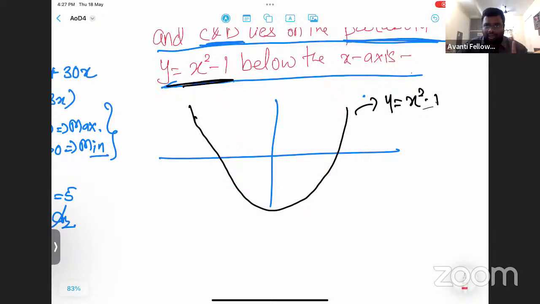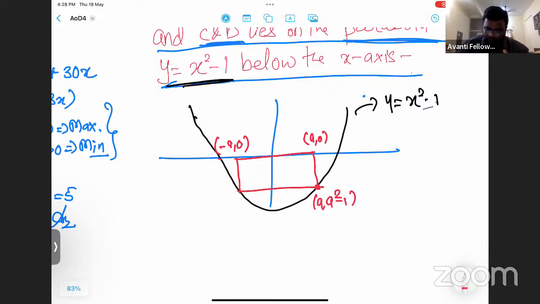Since the vertices are on the x-axis, the rectangle will be somewhat like this. If this is the point A comma 0, this will be minus A comma 0. Symmetry will always be there. And these points will be A comma A square minus 1, and minus A comma A square minus 1.